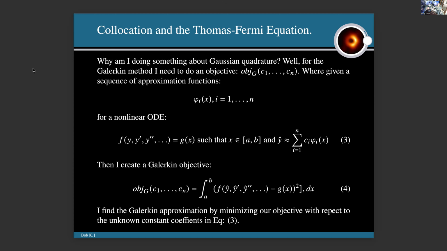If you have a nonlinear differential equation, f of y, y prime, y double prime, equals some function g of x, you can put the g of x in the function and just make it equal to 0, over some region AB.